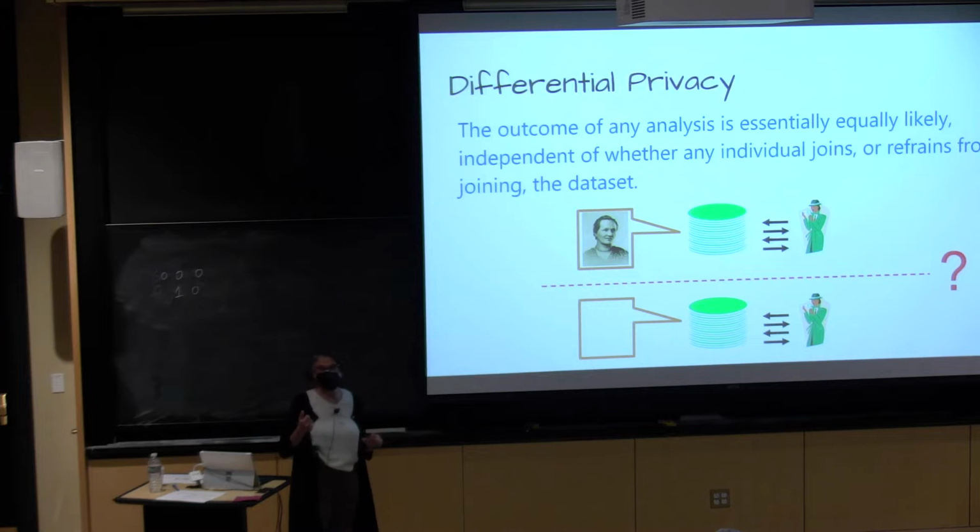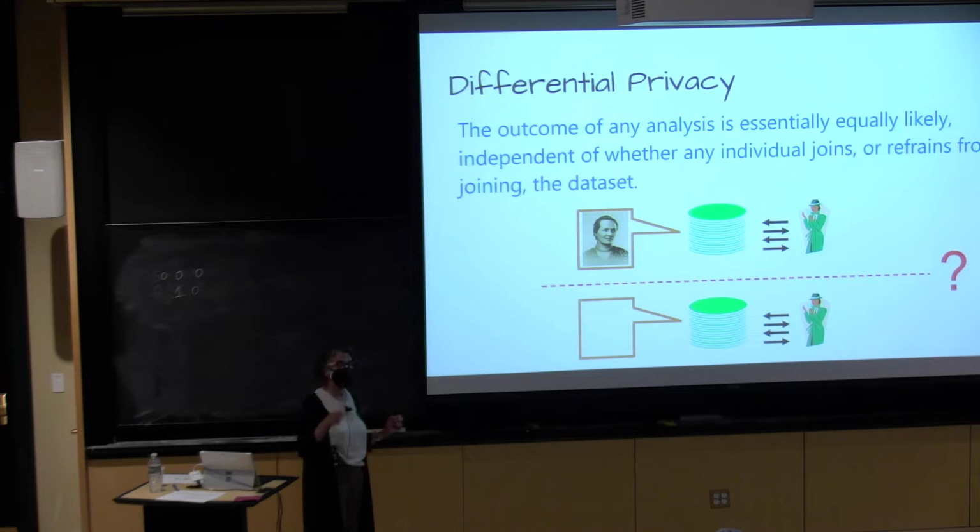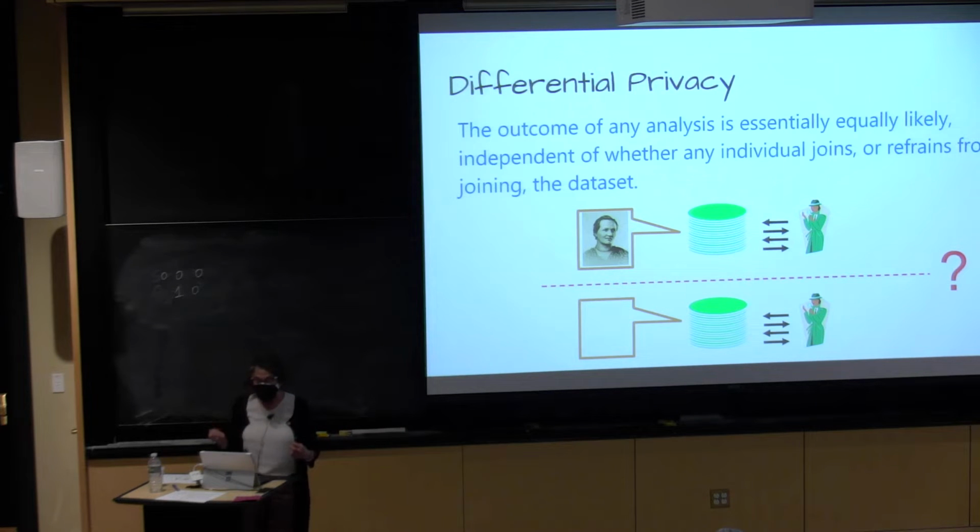So even if our data analyst, who could also be our privacy adversary, knows the whole database and knows all about Payne's data as well, and knows that you're operating on one of those two databases, even so, seeing the outcomes should not tell the adversary which of the two databases is the actual database, because the outcome of any analysis is essentially equally likely, independent of which of the two databases we're using.